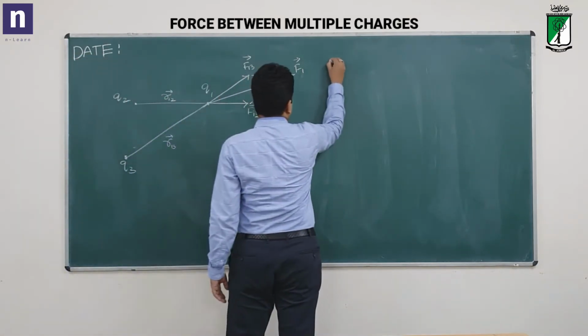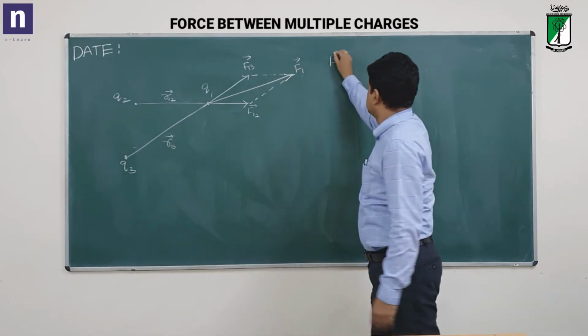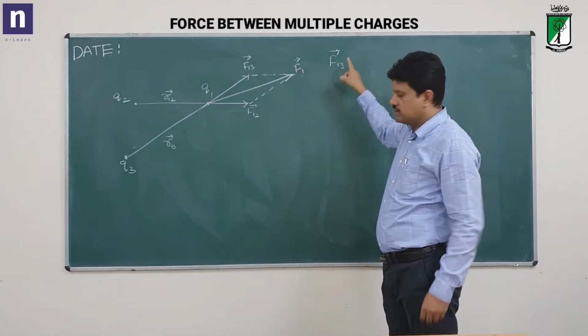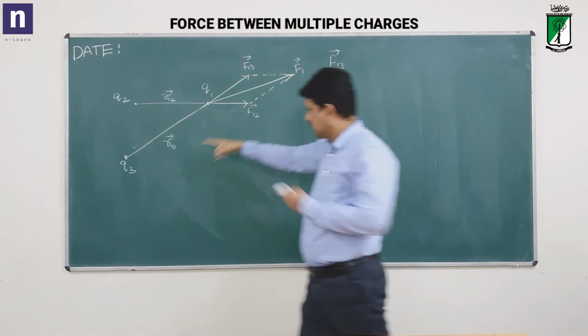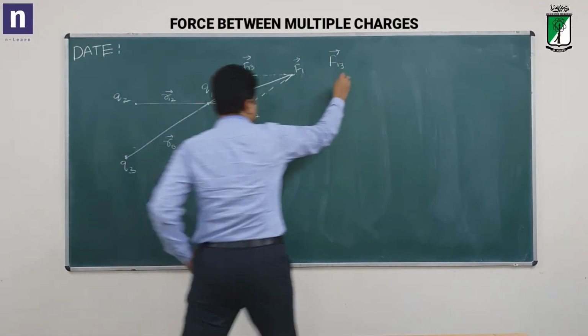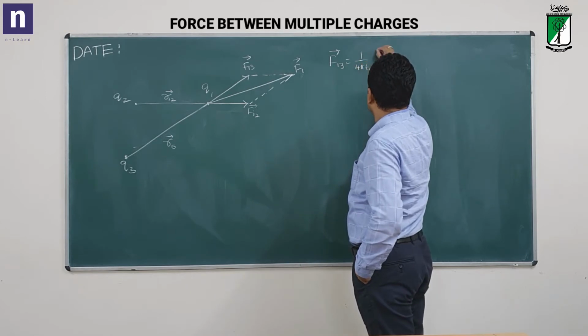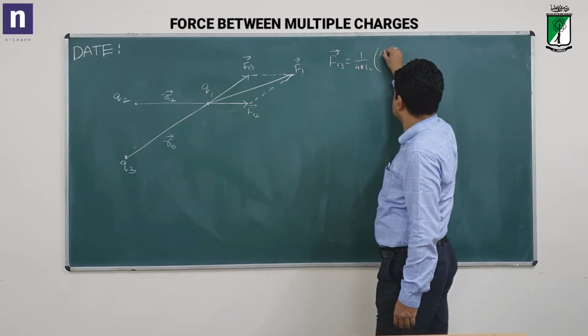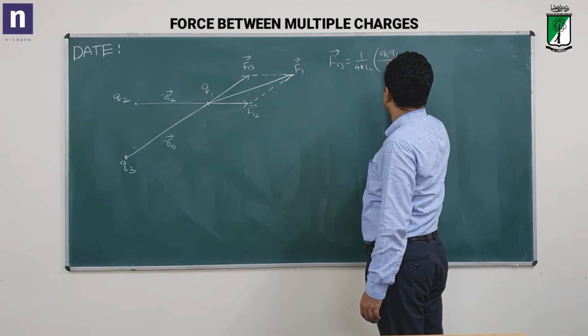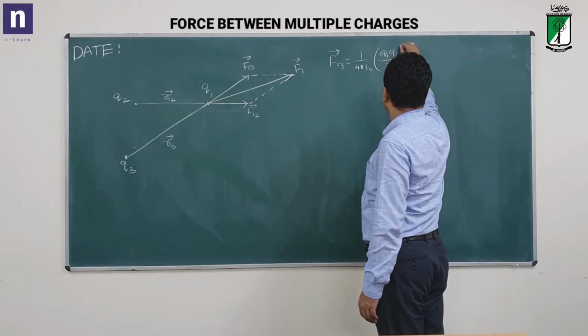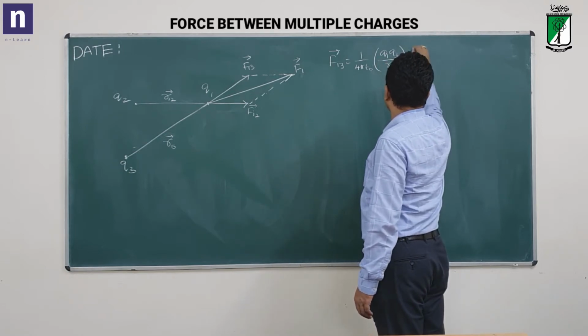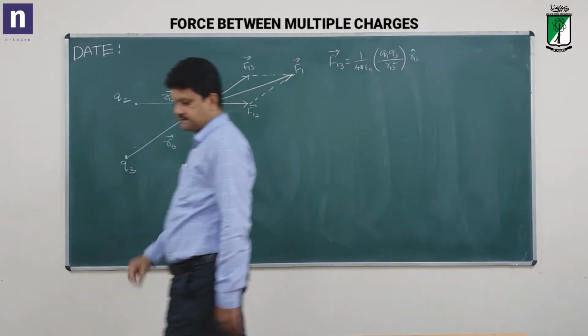The force on charge 1, that is Q1, due to charge Q3, that is F13, is equal to 1 by 4 pi epsilon naught Q1 Q3 by R13 square R13 cap.